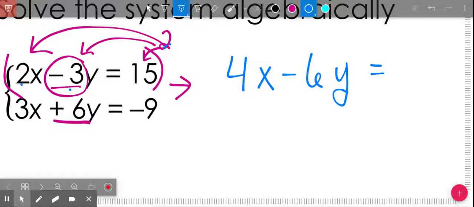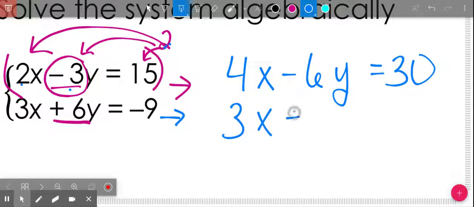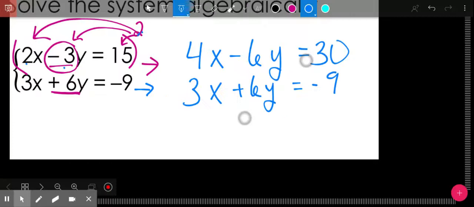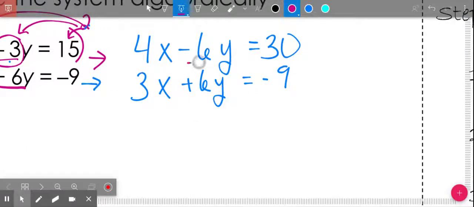Equals 2 times 15 gives me 30. And I'm just going to bring the other equation over. So I had 3x plus 6y equals negative 9. So now negative 6 and 6 will cancel each other out, which is good. I haven't really changed anything. I just multiplied. So whenever I add those together, I'll be able to cancel it out.